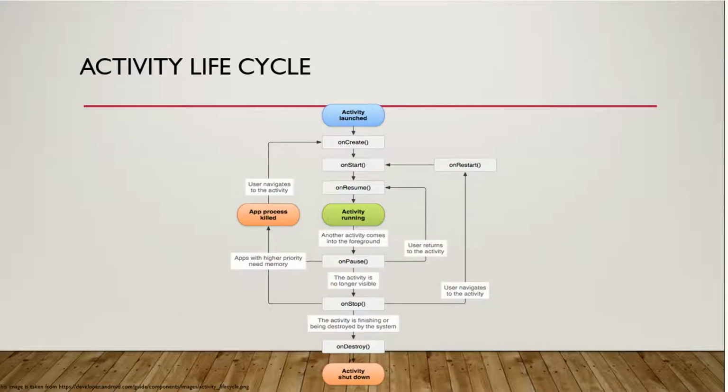After the states of an activity, this is the activity life cycle. First of all, when we launch the activity, the first method which is called by the system is onCreate. The onCreate method is basically just like a constructor of a class in any programming language, which is used for initialization purposes. So if you want to initialize anything, you can initialize it at the very first start time of your application.